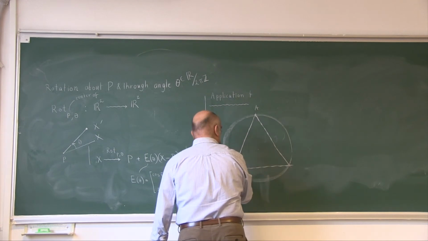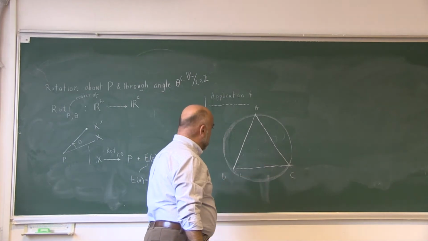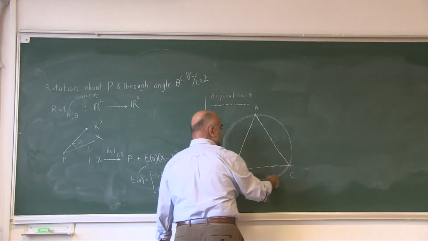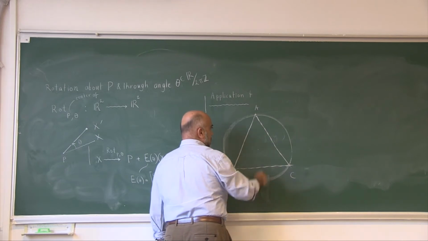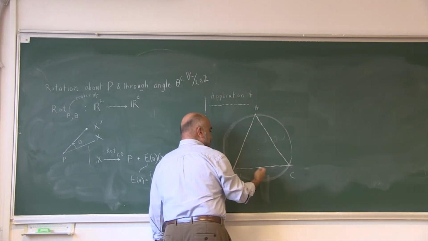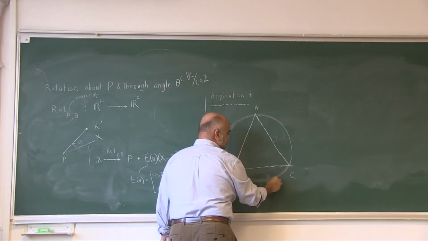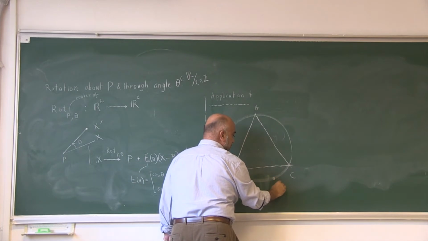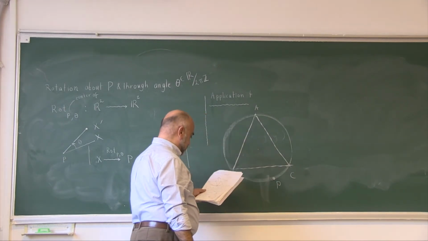Now, here is the surprising result. If you take a point P, let's say on the arc BC, which is not on the same side of the line BC as A. So let's take a point here on the circumference. Well, the surprising result is the following.